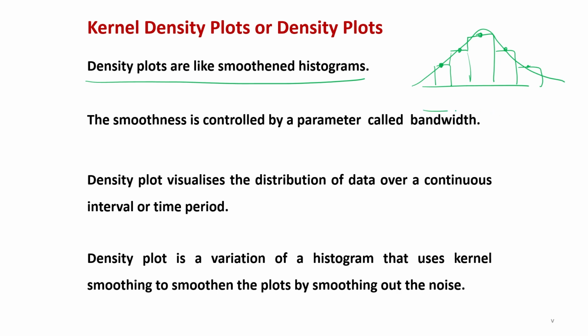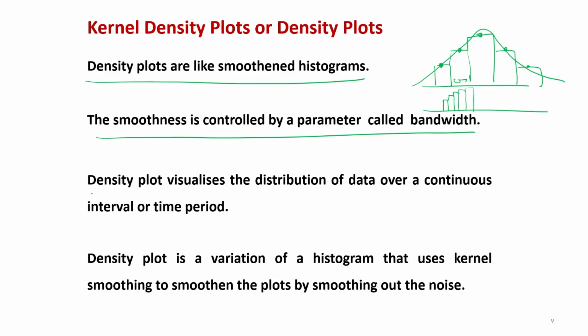If I make narrower bars, then it may look different, right? If you reduce the width of the bar, then the curve will become smoother. Right. So this smoothness is controlled by a parameter which is called bandwidth.